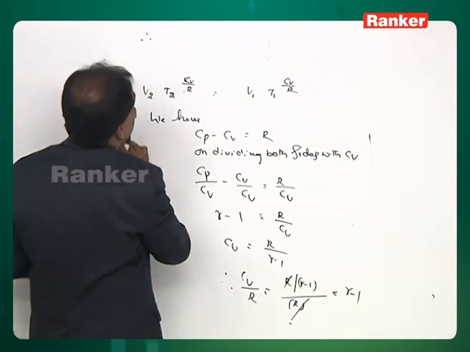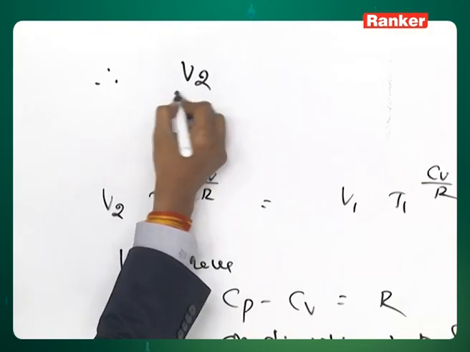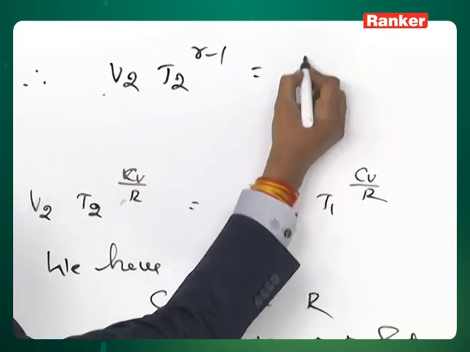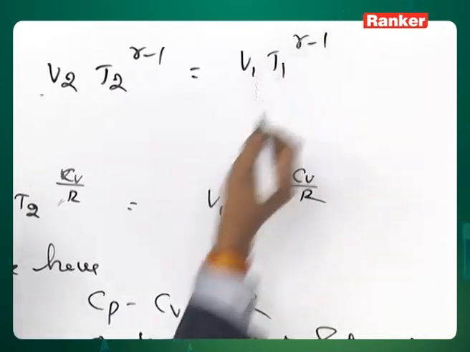Therefore, V2 T2 to the power gamma minus 1 is equal to V1 T1 to the power gamma minus 1.